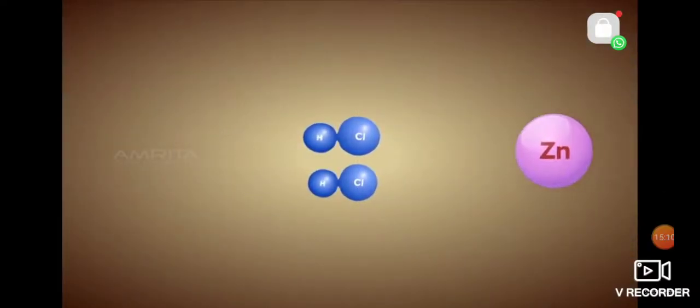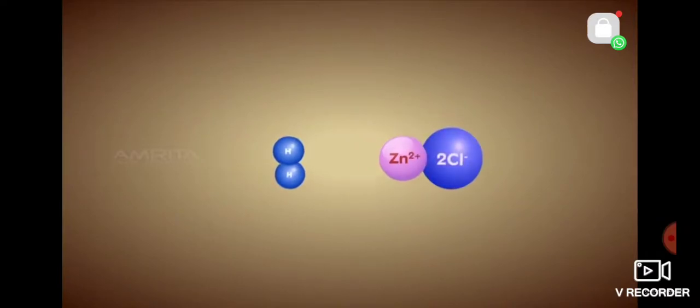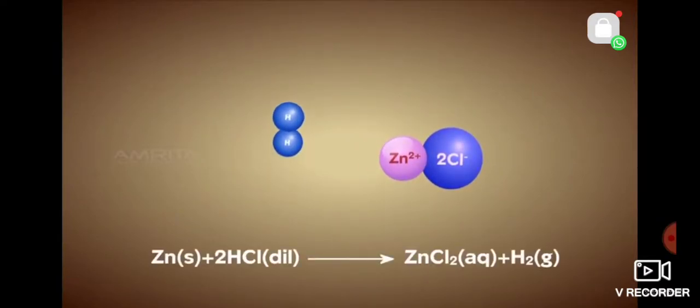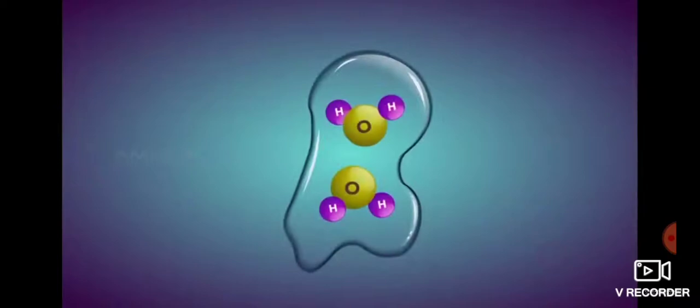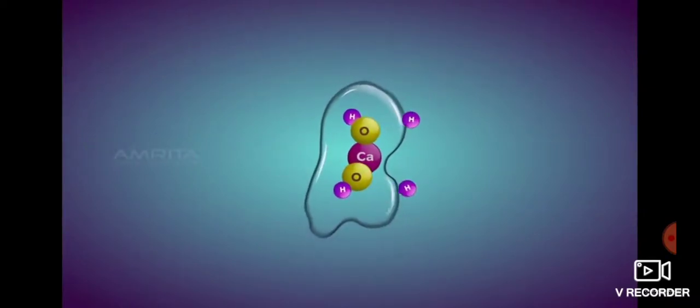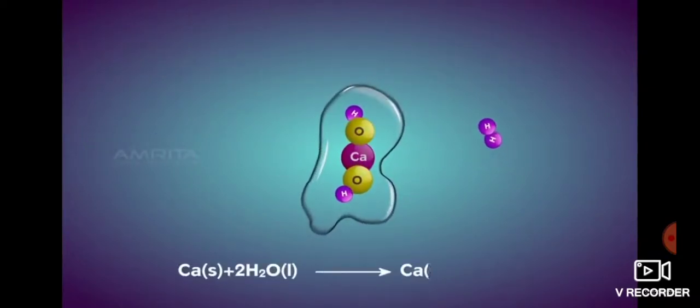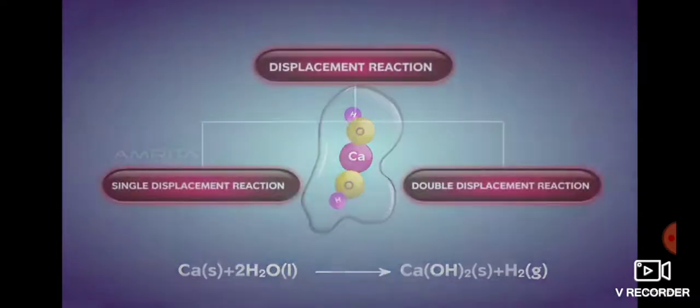When zinc metal is placed in dilute sulfuric acid, zinc displaces hydrogen ions, H+, as hydrogen gas. Similarly, highly reactive metals replace hydrogen from water. As such, calcium in water reacts and forms calcium hydroxide and hydrogen gas.